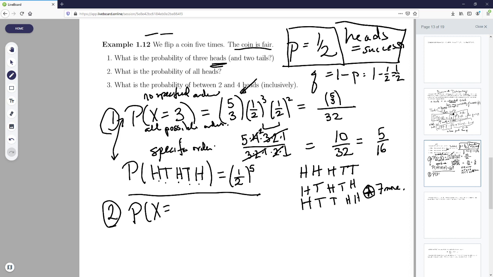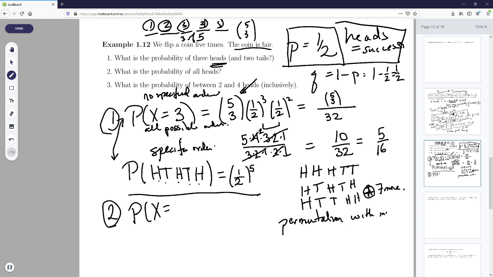Because if you draw out 5 spaces, and you say that what we need is to pick 3 of the 5, then this is space number 1, space number 2, space number 3, space number 4, and space number 5. And this is known as a 5 choose 3. The other way to think about it is, it's not a regular permutation. It'd be a permutation with indistinct elements.